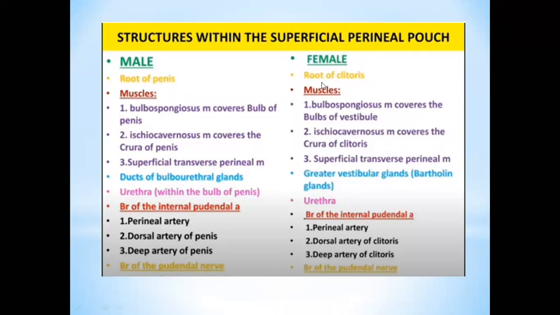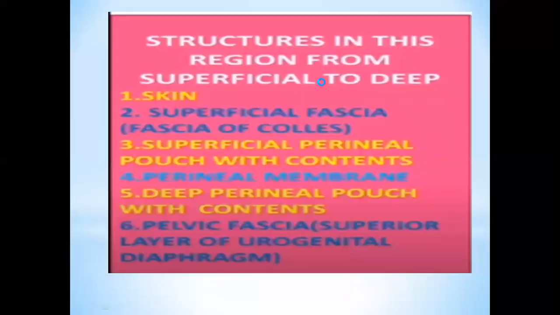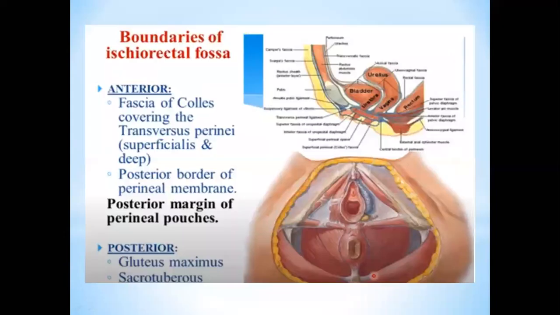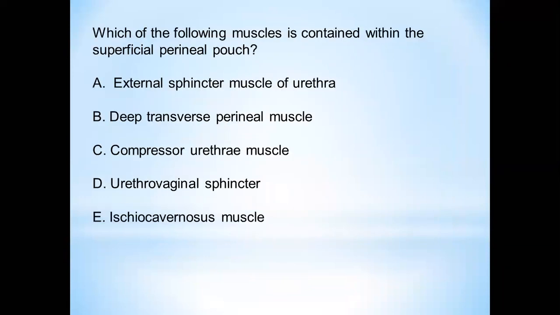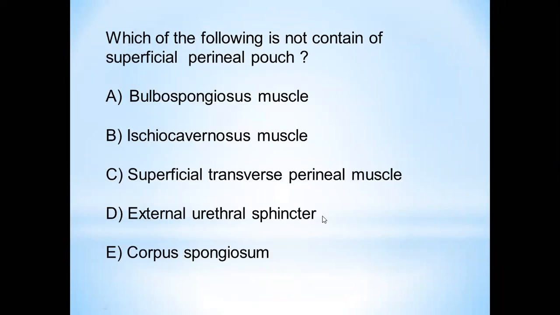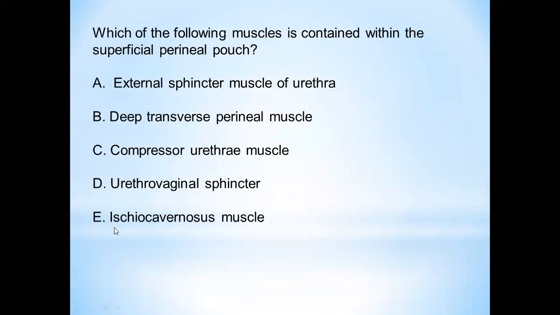Ma'am, the answer is external urethral sphincter. Yeah, because the urethra is present. External urethral sphincter is not a content of the superficial perineal pouch. Ma'am, in the previous question, we gave both E and A as the answer, no?